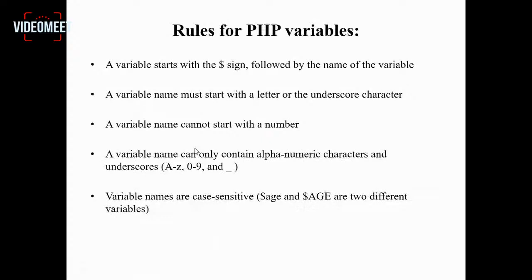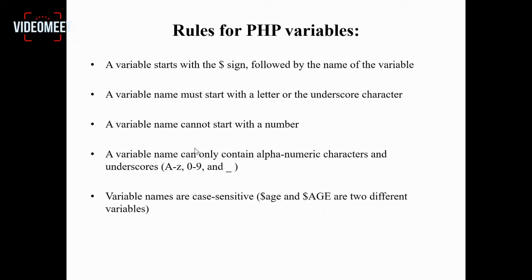Then you need to follow some rules when you're creating PHP variables. So what are those rules? A variable starts with a $ sign followed by the name of the variable. This is mandatory, as I told you earlier. A variable name must start with a letter or underscore character. Either you can begin with a letter or an underscore symbol. Other than these two, you cannot use any other symbols. A variable name cannot start with a number.